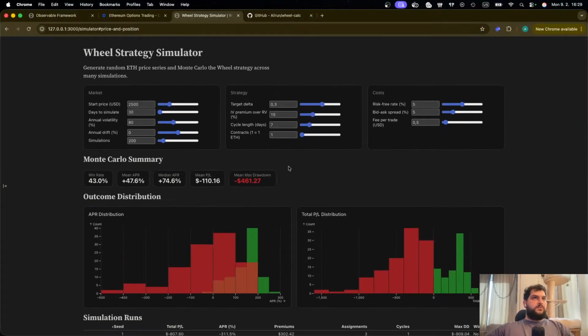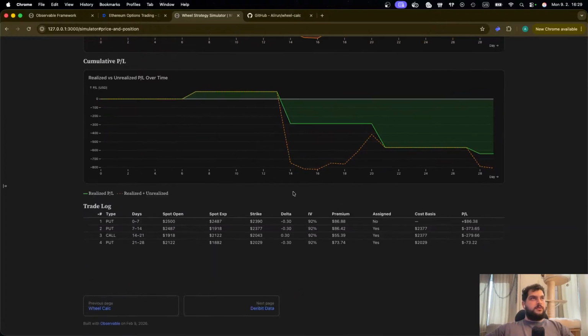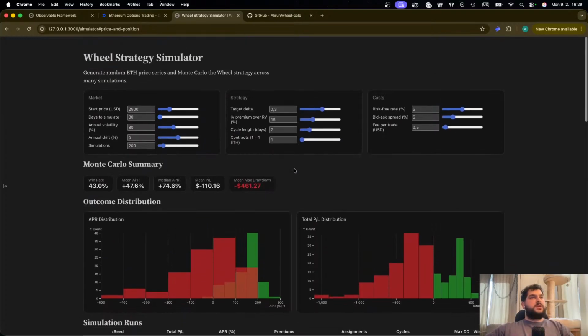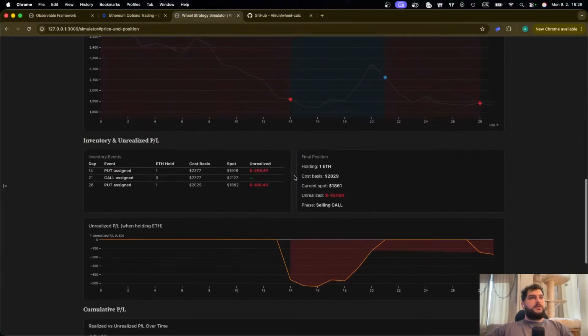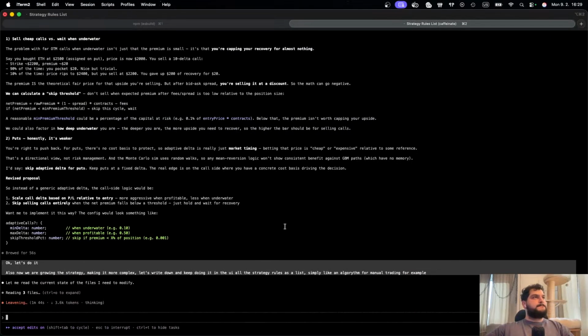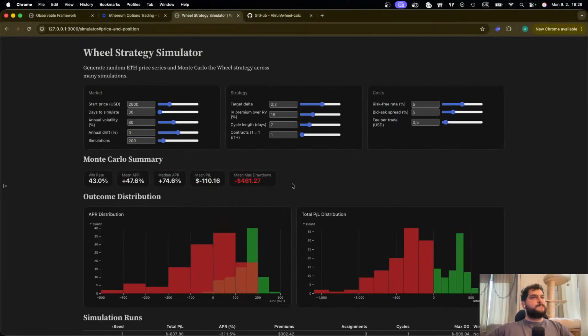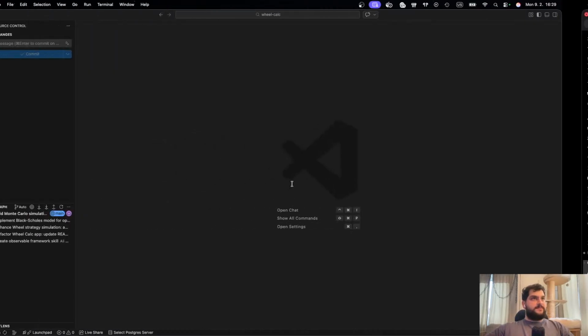Okay, so basically we will now implement this strategy, and this may actually drastically improve our win rate for this strategy.